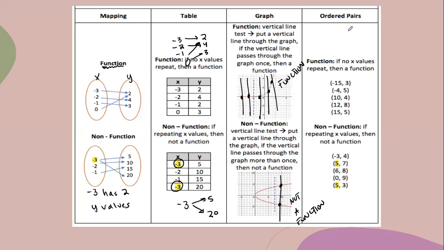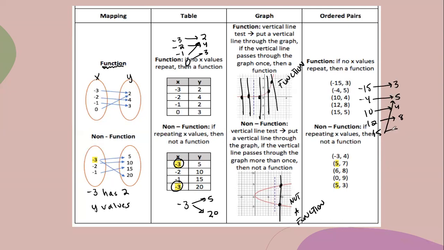And then for ordered pairs, we do the same thing as a table. If any of the x's repeat, then it's not a function. So -15 is with 3, -4 is with 5, 10 is with 4, 12 is with 8, 15 is with 5.